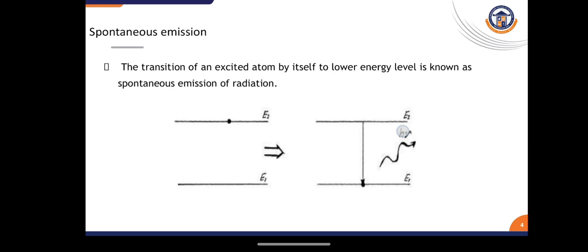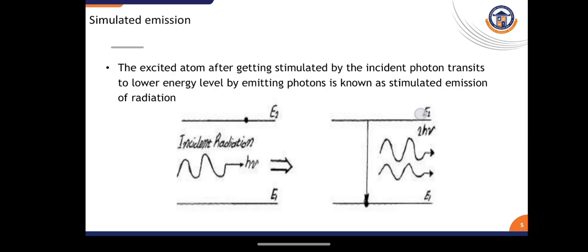Then stimulated emission: if the excited atom at the higher energy level is stimulated by the incident photon and then transits to the lower energy level, it emits a photon in addition to the incident photon, that is 2 times h mu is released by this stimulated emission of radiation. Now laser works on this stimulated emission principle.